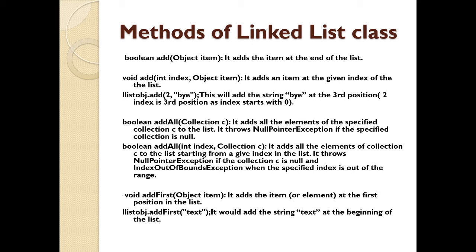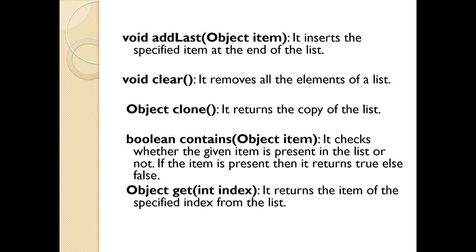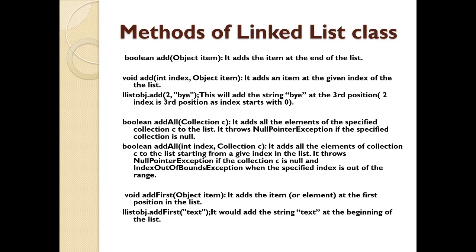That means if I'm pointing to an address or an index which does not exist, it can throw a null pointer exception, or an index out of bounds exception when I specify an index which does not exist or is out of bound. So these two exceptions I need to handle, and I can catch them appropriately.